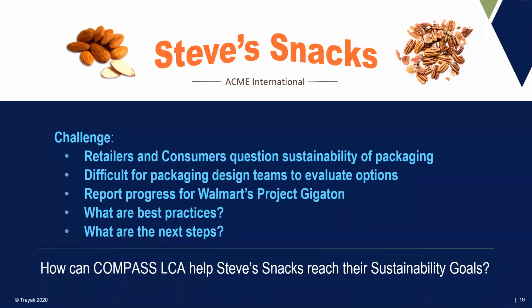We're just at the beginning of our sustainability journey, so we need to work with our packaging design teams as well as our sustainability professionals in our company to come up with the best packaging design for our almond packaging. And we also maybe want to report this progress for Walmart's Project Gigaton. So we're left with the questions: what are the best practices and what are the next steps?